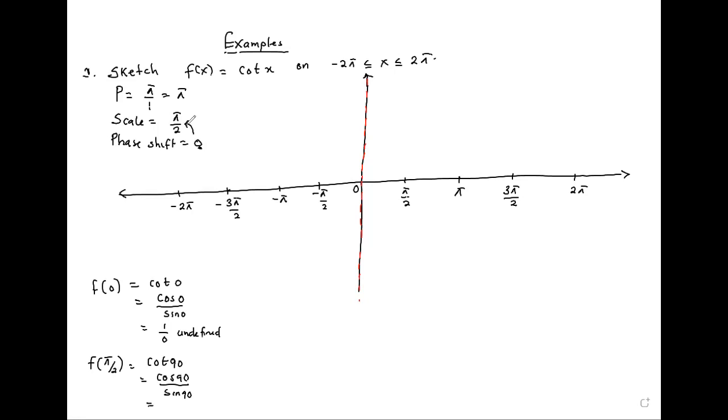So cos 90 over sine 90 is 0, because cos 90 is 0, sine 90 is 1. So we have an intercept here. Again, at 180, undefined. At 270, an intercept.